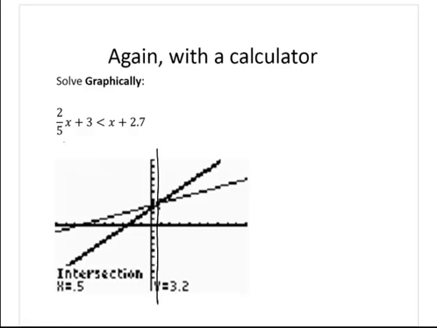Now I have to decide, since it's a less than, where is the thin line below the thick line? The thin line is below the thick line to the right of the boundary.